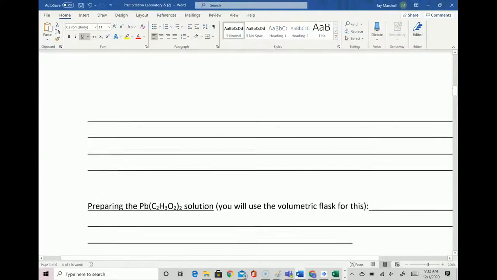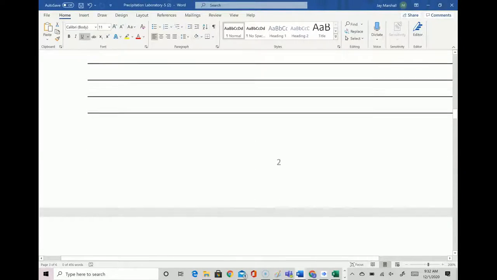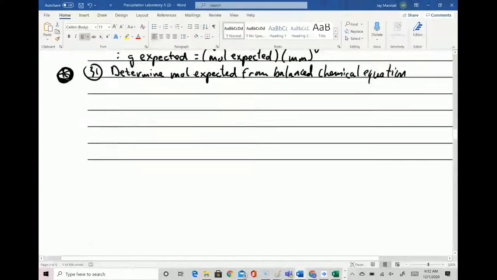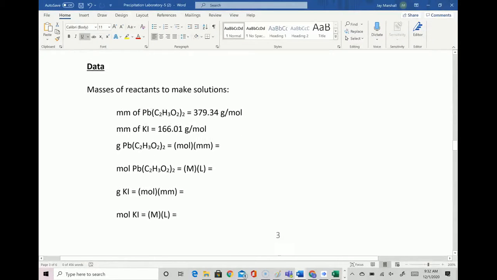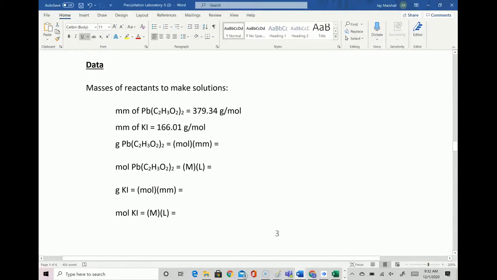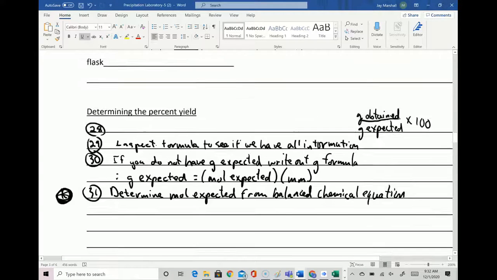We figured that out in our data table, didn't we? Okay, so moles of lead acetate equals molarity times liters. We wanted a 0.1 molar, and we wanted 0.1 liters of it. So 0.1 times 0.1 gave us 0.01 moles.